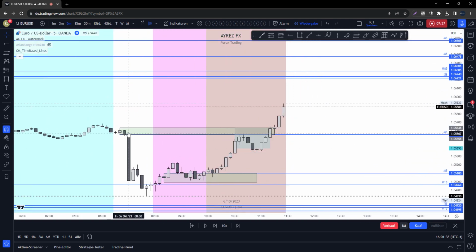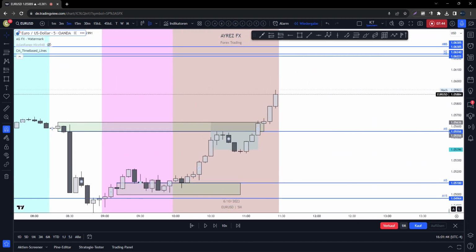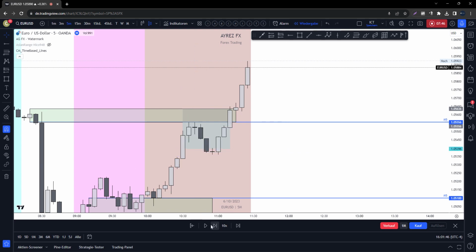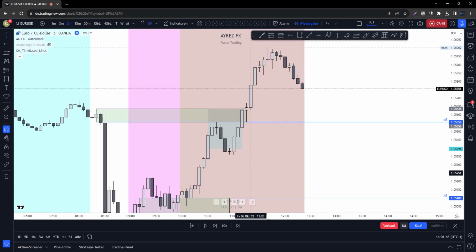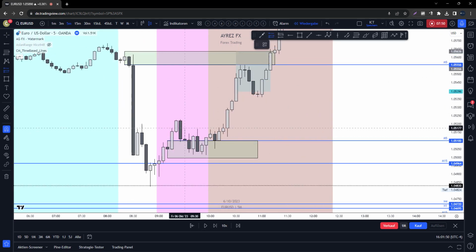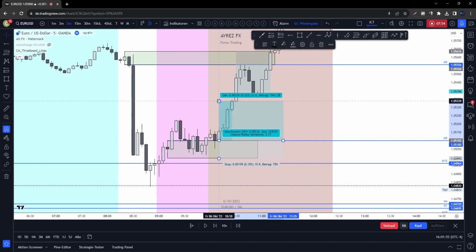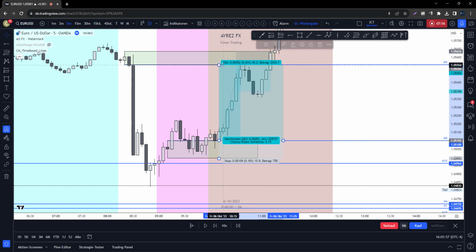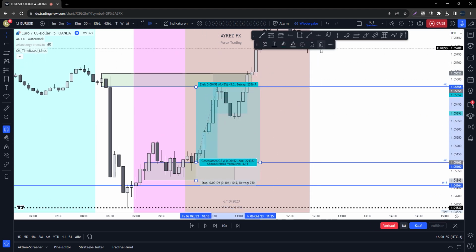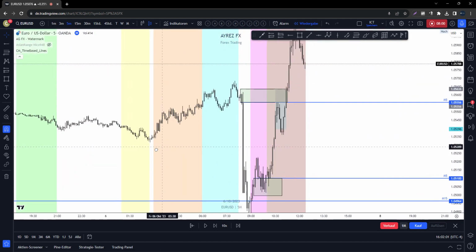But does it go down, go up, and then go the opposite side is not normal. But okay, I took 2R. That's okay. If I entered here like this, I would have a 4R trade and a 2R trade. So I would take 6R for the day, but that's okay. I'm good for the week.